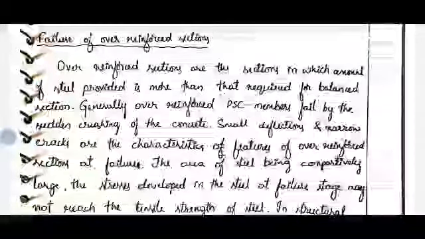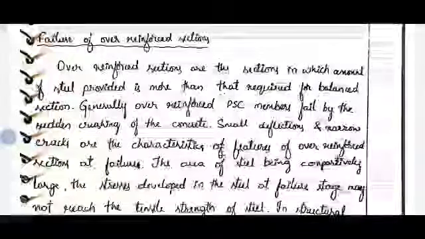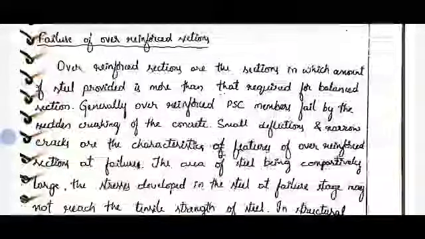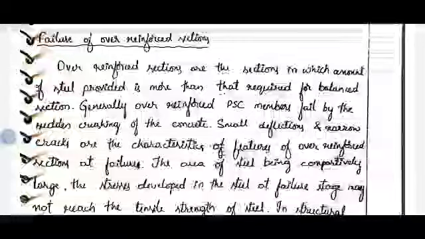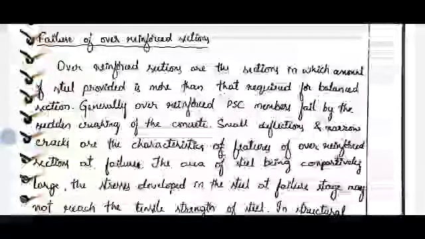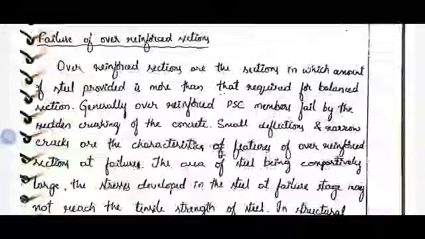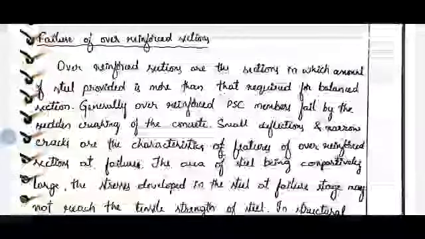But that is not correct, because the section should be balanced. The compressive stress and tensile stress in the section should be balanced. So when you give steel too much more than the required steel, it will become an over reinforced section.